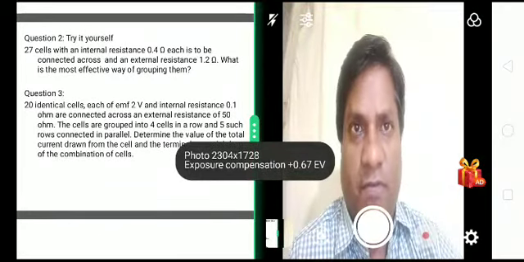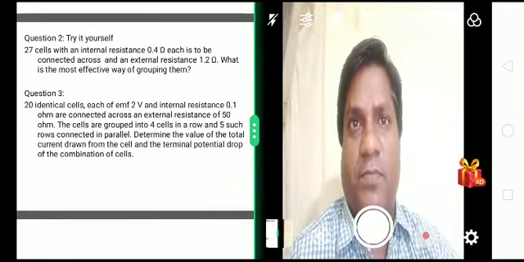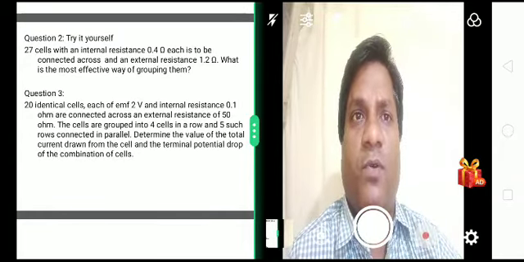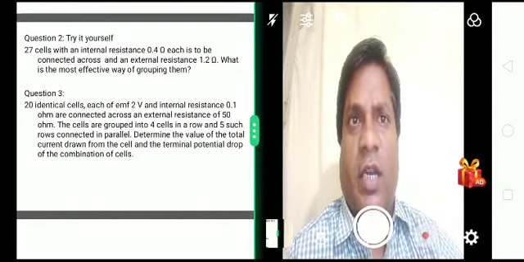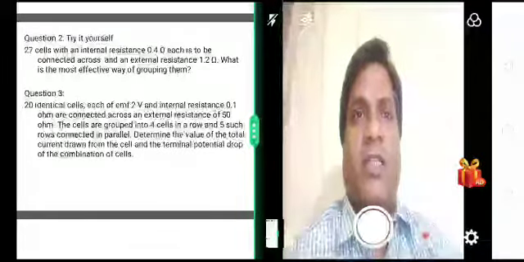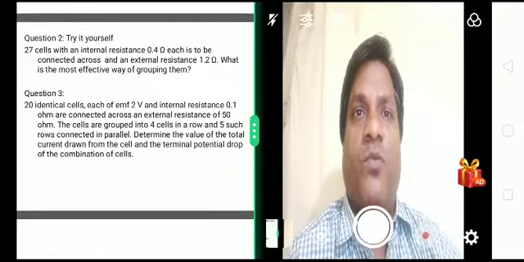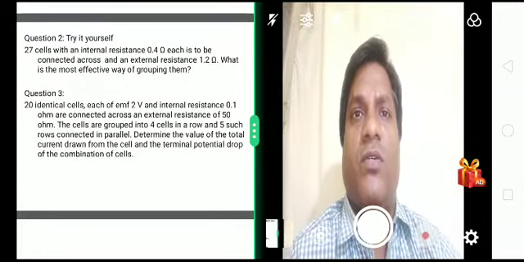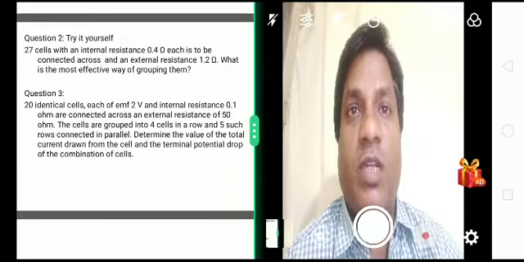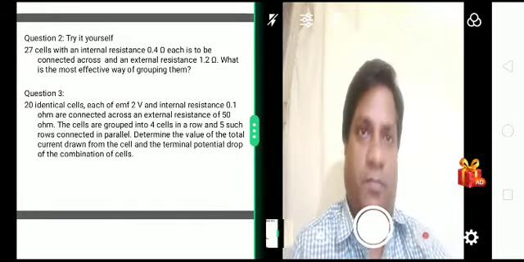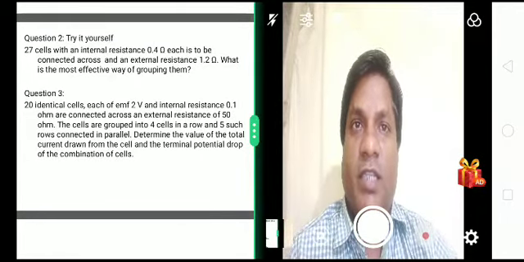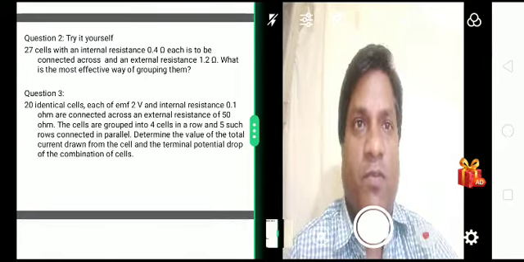Now some questions for you to try yourself. Cells with an internal resistance of 0.4 ohm each are to be connected across an external resistance of 1.2 ohm. What is the most effective way of grouping them if there are a total of 27 cells?